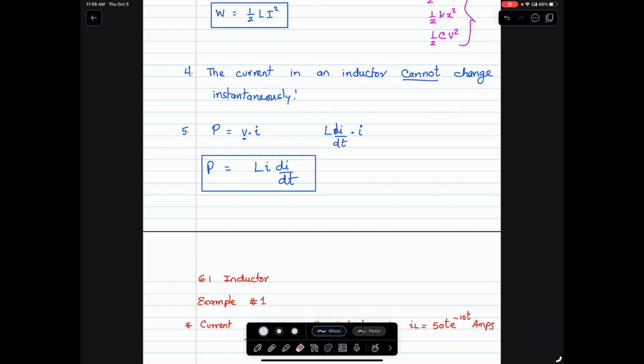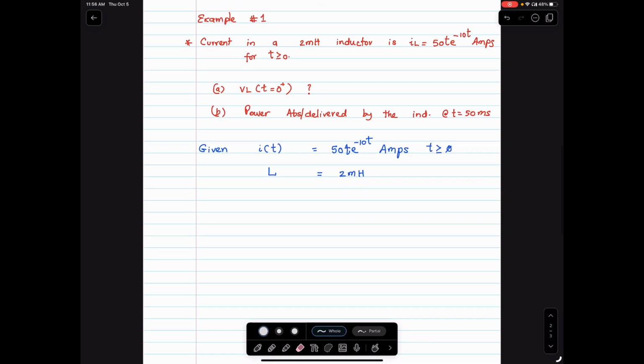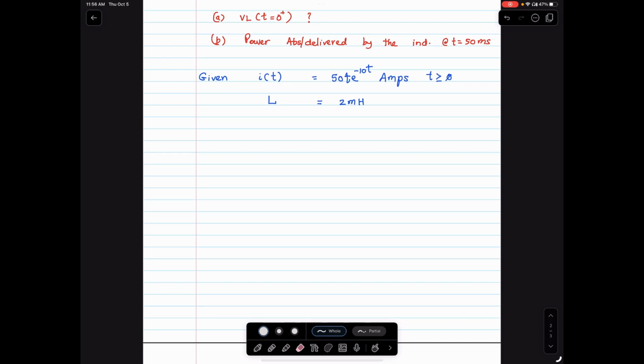So in order to find part A, we are supposed to find VL at time equals 0 plus, so we can use V equals L times di by dt. Let us see where that gets us.